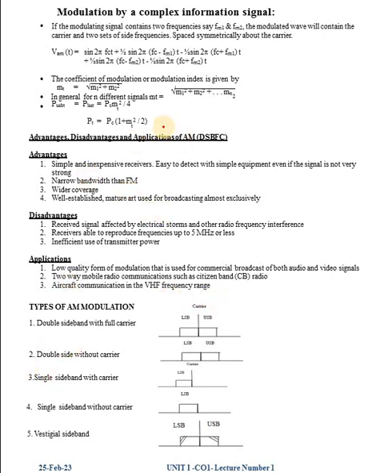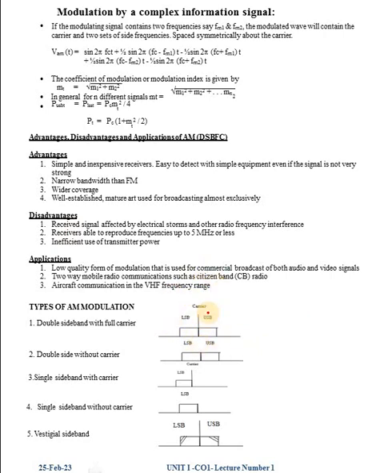Then according to the sidebands, after modulation, AM modulation can be classified in different ways: double sideband with full carrier, double sideband without carrier, single sideband with carrier, single sideband without carrier, and vestigial sideband. Simply we can say DSB-FC, DSB-SC, SSB with and without carrier, and VSB.